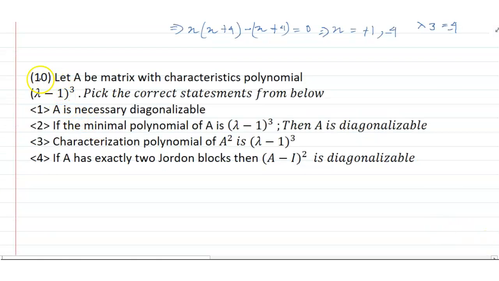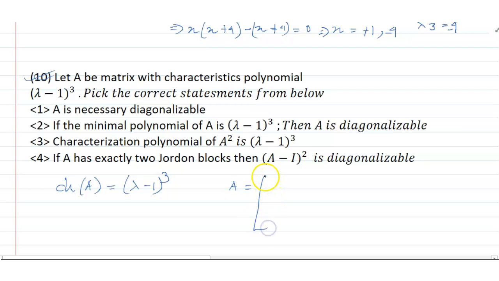Now the next problem is number 10. Number 10 is very interesting. The characteristic polynomial of A is equal to (lambda minus 1) whole cube. So for this type of problem, we take an example.